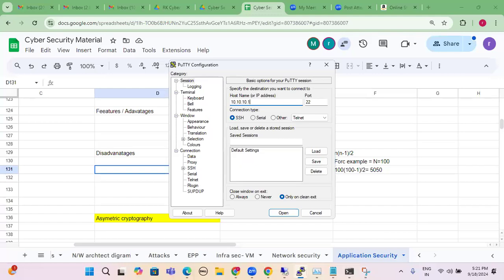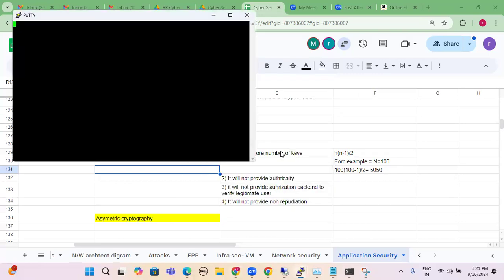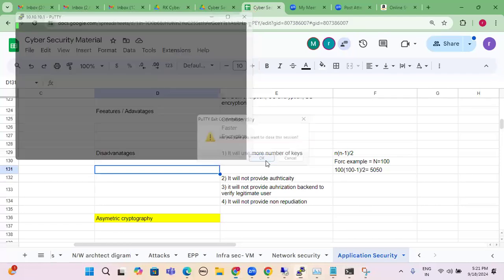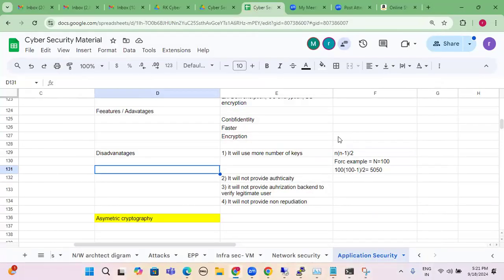There are different operating systems under Unix. The SSH port number appears by default, and if you want to give the additional key, you provide it in the connection and authentication settings. We save that key on our desktop or wherever. I don't know the actual IP address of 10.10.10.1, I just gave it, so the connection will not be established.